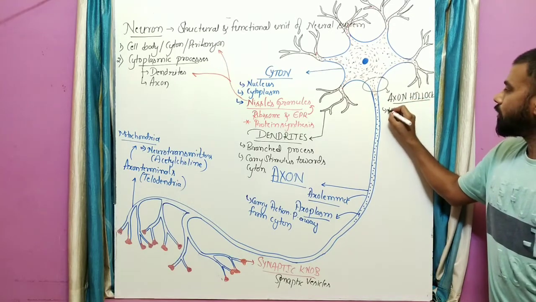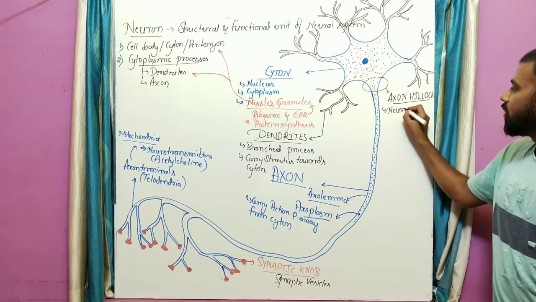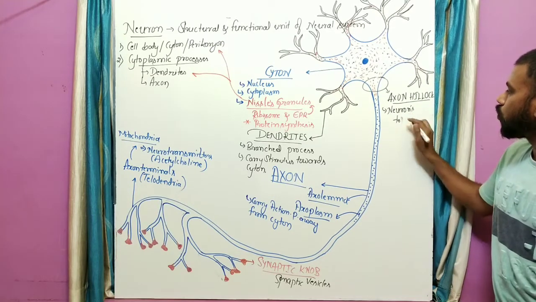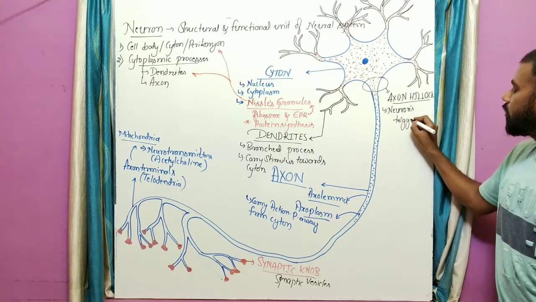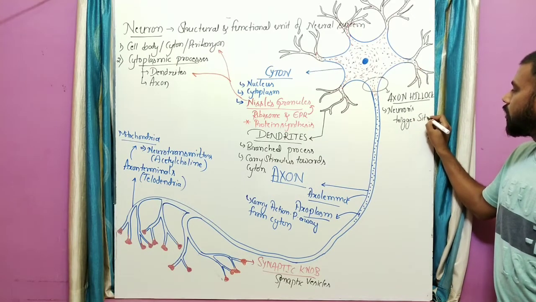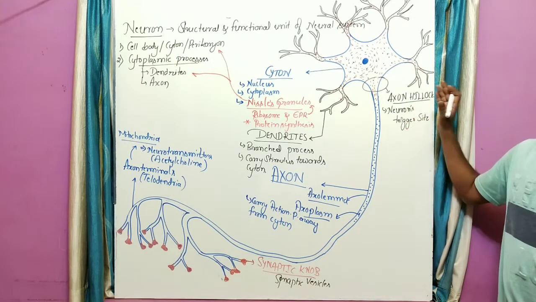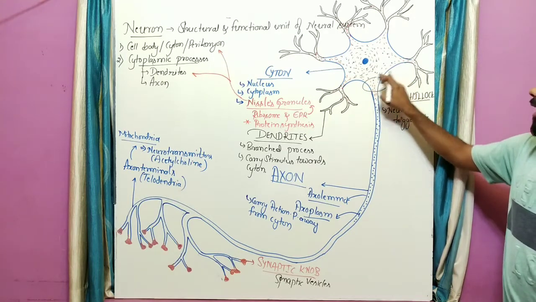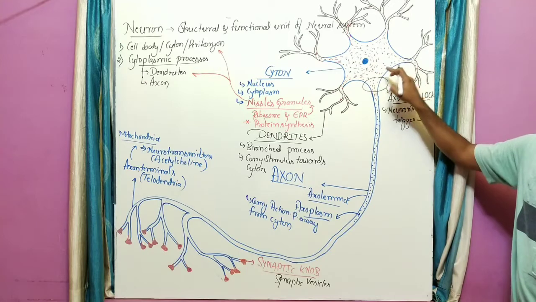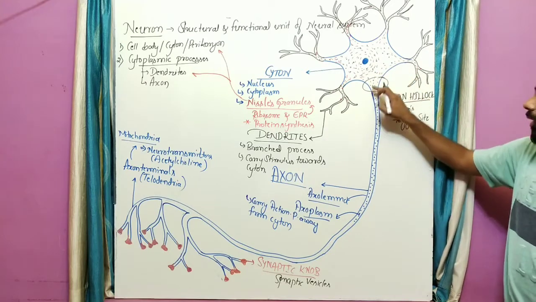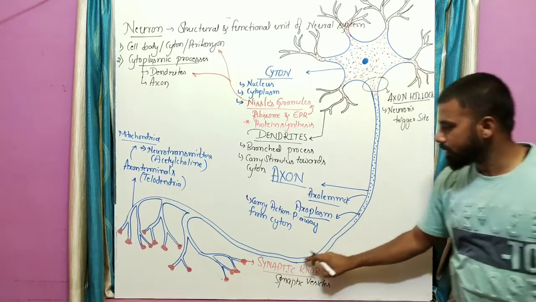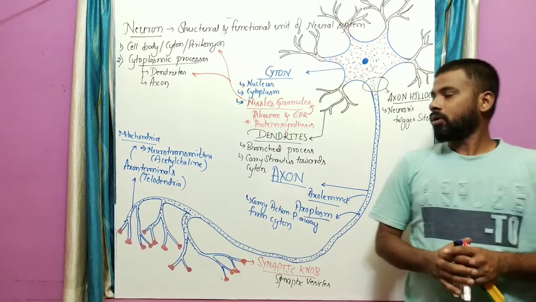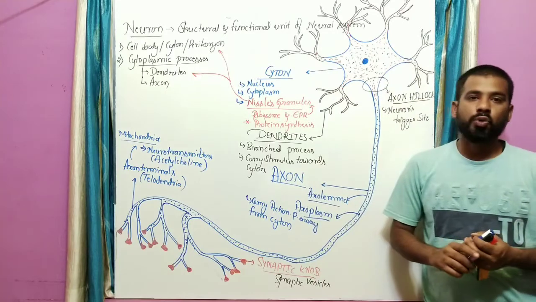It is the neuron's trigger site, where action potentials are triggered. So at this point, action potentials are triggered, and that action potential is transmitted along this axon. So this is about the neuron.